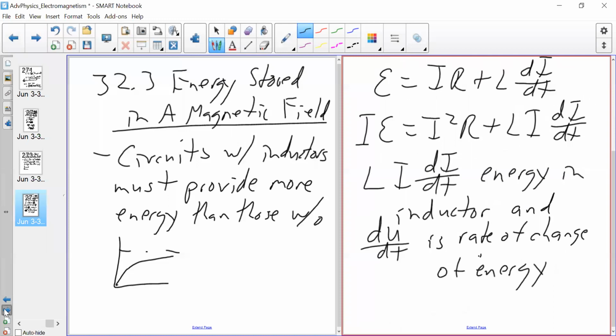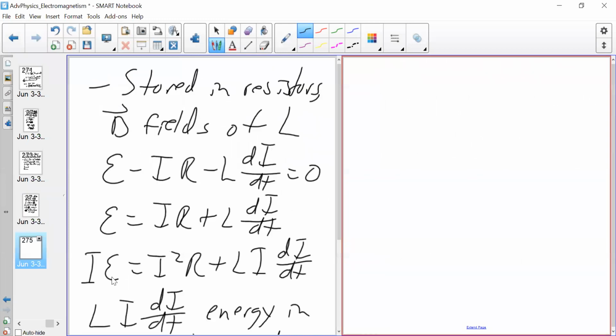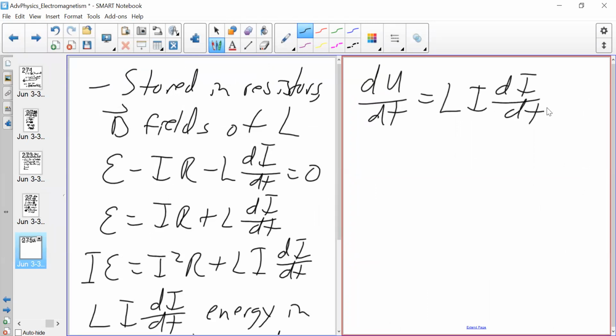So du dt, that gave us the I delta V, that gave us the I squared R by proxy. So du dt for the inductor, Li di dt, well, you can see where this is going. So we're going to get the U value for this inductor.